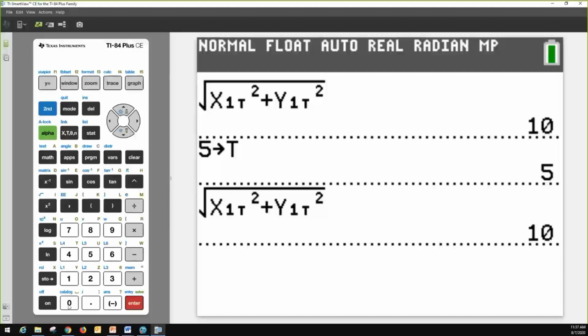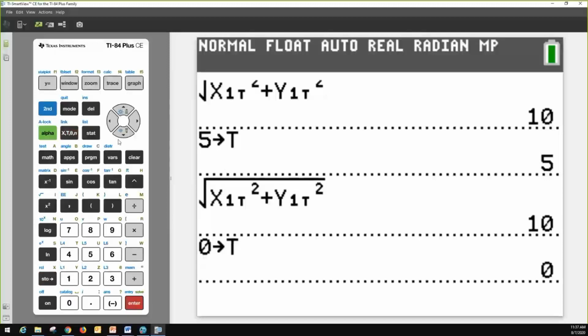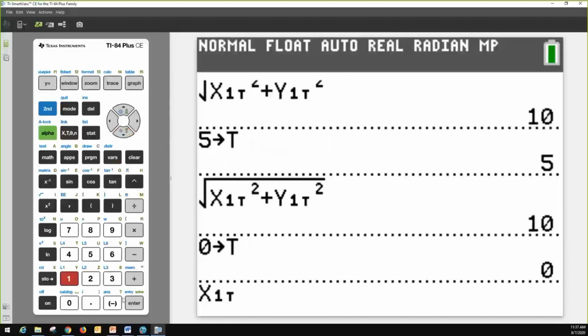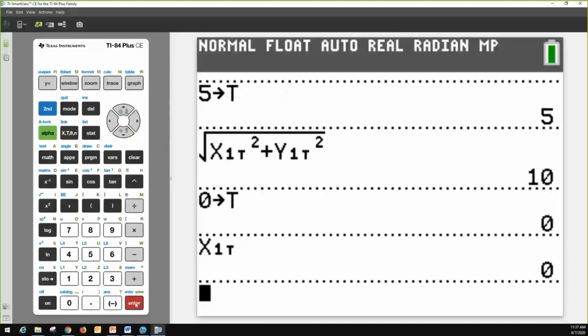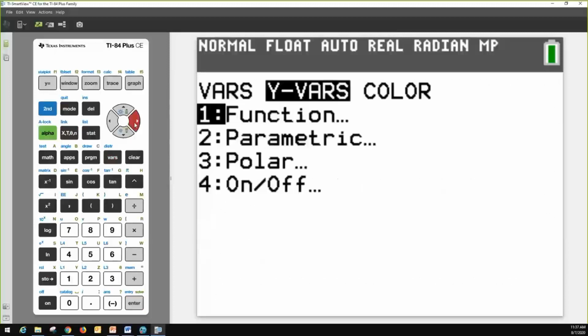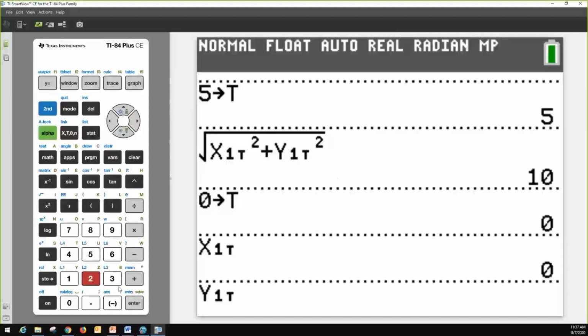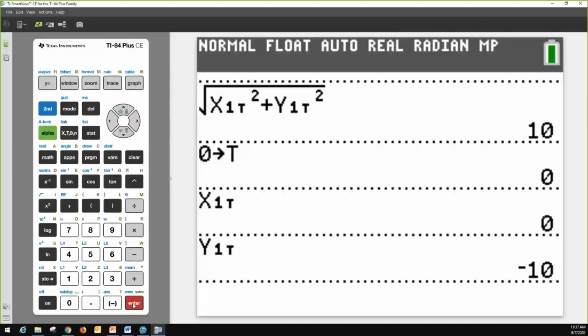I'm going to store 0 in t this time, and I'll just go back and get each one of those expressions and paste them in. So it says my initial x position for block A is at 0, and then I'll go and get the one for y1 of t, and its initial position is at -10.